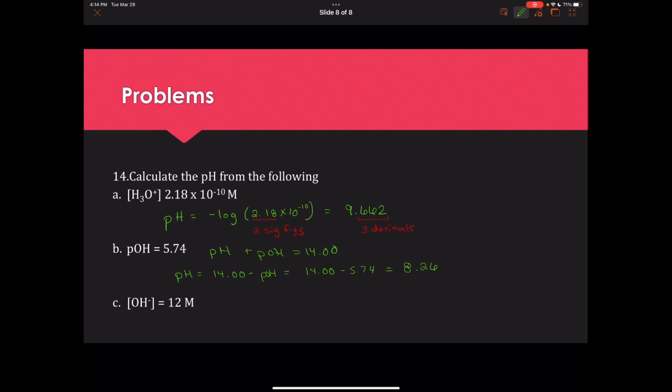And then finally, part C, we've got a hydroxide concentration. There's one of two ways we can solve for this. We want pH, and pH is based on hydronium. So I could solve for the hydronium concentration using my Kw equation and then take the negative log. Or I could take my pOH. My pOH will be the negative log of 12, which would be negative 1.08.